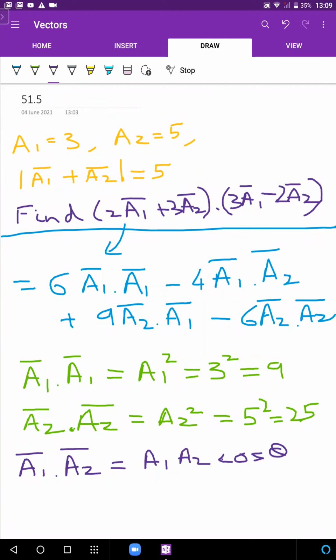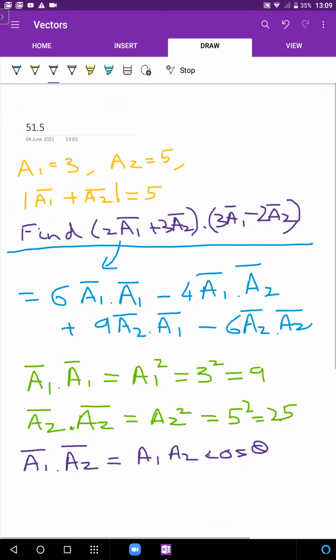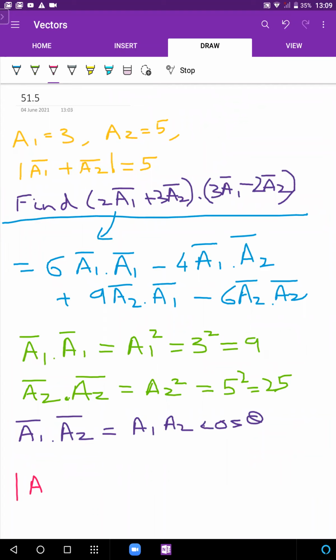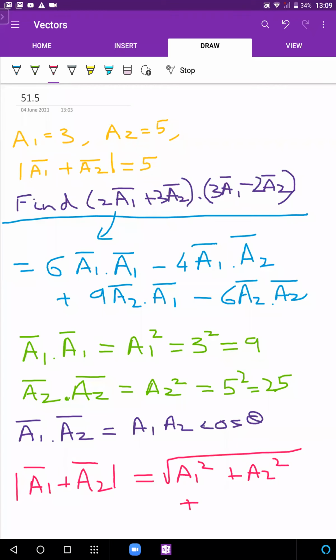So let's step out of this and try that. Let's see if we get something from it. So I know that mod A1 bar plus A2 bar is, one minute guys, I myself don't know the answer, let's solve it and see what comes, root A1 square plus A2 square plus 2A1 A2 cos theta.